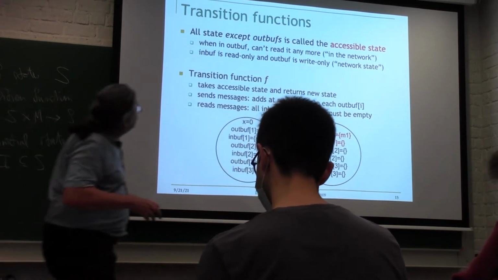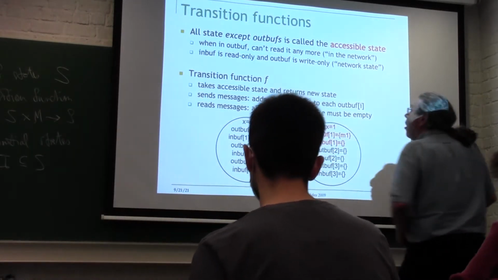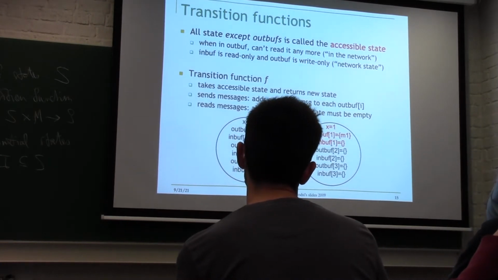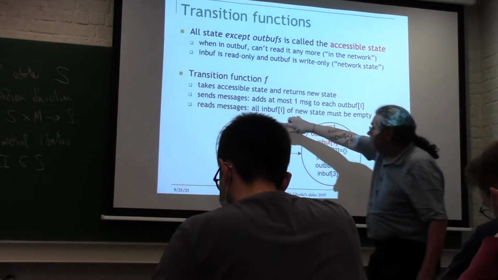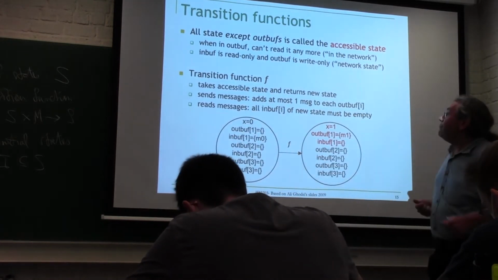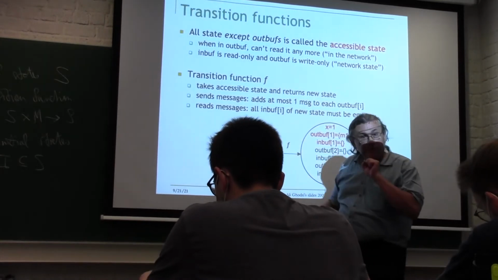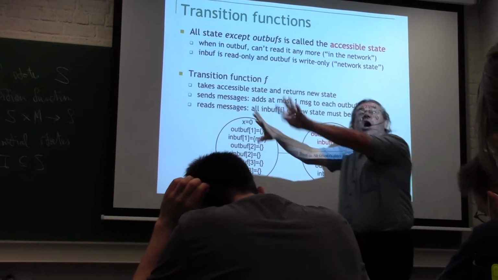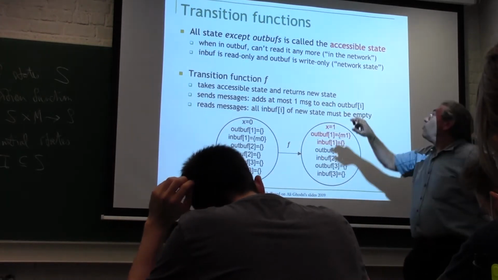Okay, so we have a little bit of terminology. All state except the outbuffs is called accessible state. So the variables and the inbuffs, that's all what's stored there. In fact, once I put a message in the outbuff, I cannot read it anymore. The message is gone. It's in the network.